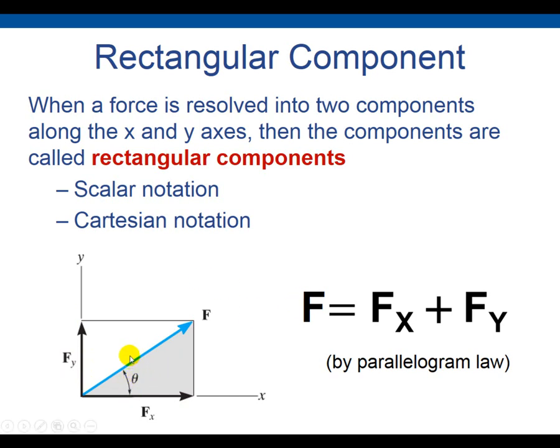Theta is the angle of the resultant force relative to a certain axis. So in this case, theta is the angle between the resultant force and the horizontal Fx. Okay, we can express these rectangular components in scalar notation and Cartesian notation.